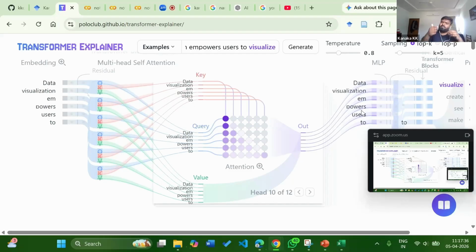Likewise, there are 12 attention heads, so the dimension of the matrix will be 12 rows and 768 columns. If you transpose it, it will just be the reverse.